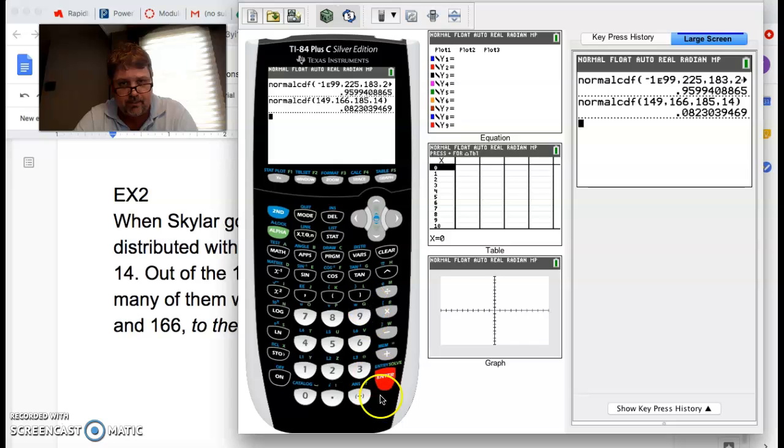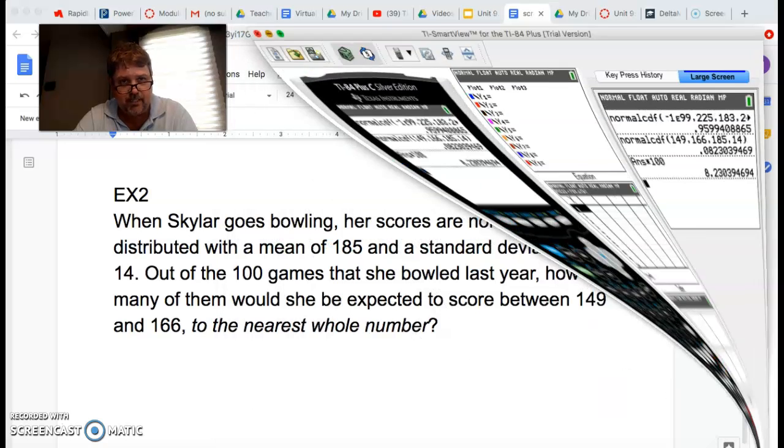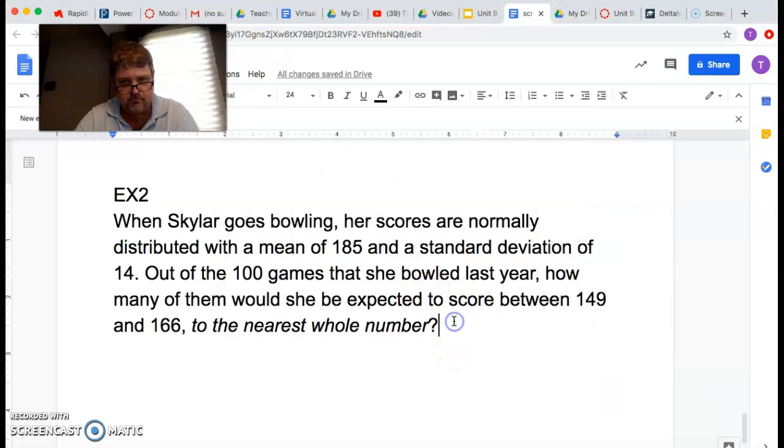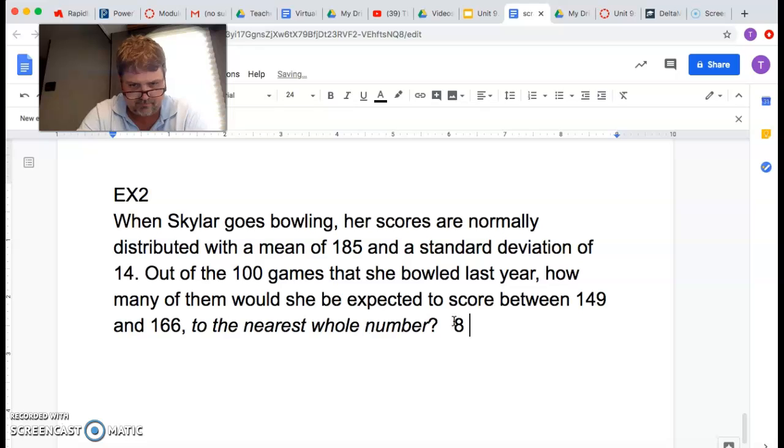So we're going to multiply times 100. It's already in that nice form for us. So about 8 would be the answer. It says round to the nearest whole number, so it'd be 8 games.